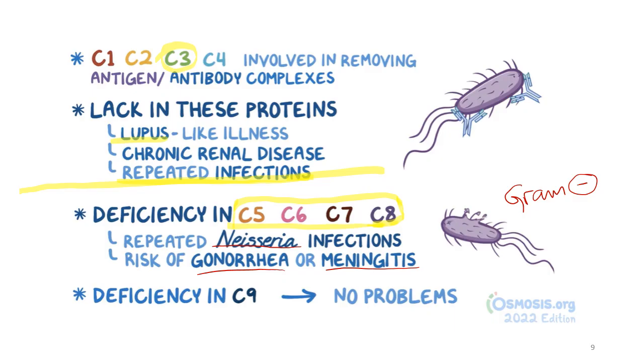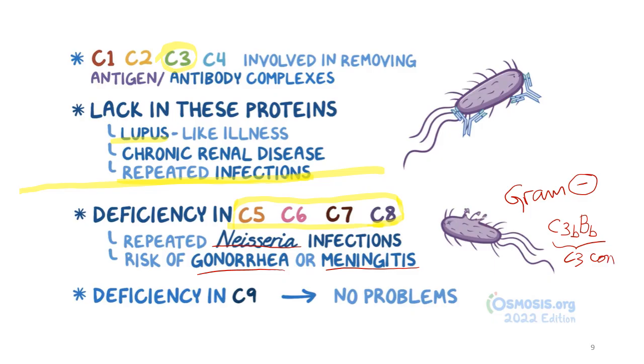Remember, what is your C5 convertase? What is the C5 convertase? You have two of them. Okay, for C5 convertase, you have C3b, Bb, this guy is a C3 convertase, right?